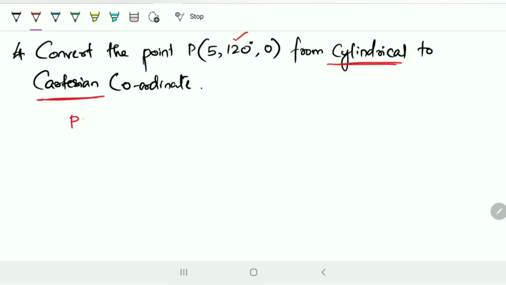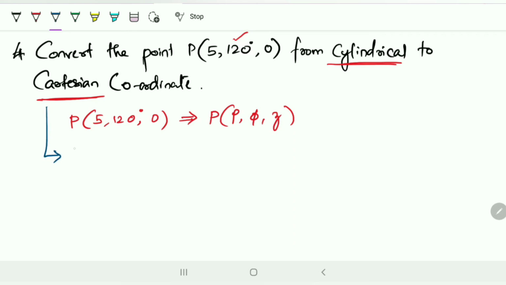By seeing the point 5 comma 120 degree comma 0, we can directly say that this point is cylindrical, because the general form of representing cylindrical coordinates is rho, phi and z. By seeing these coordinates, it is very easy to say whether it is cylindrical. So now we are going to convert to a Cartesian coordinate system.